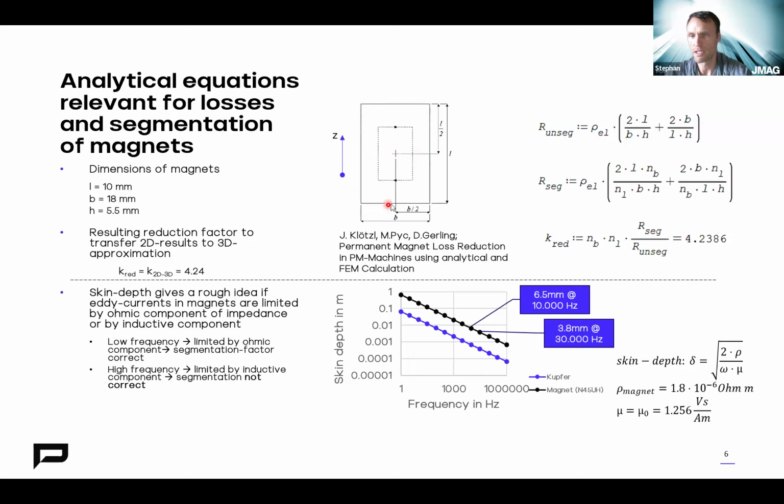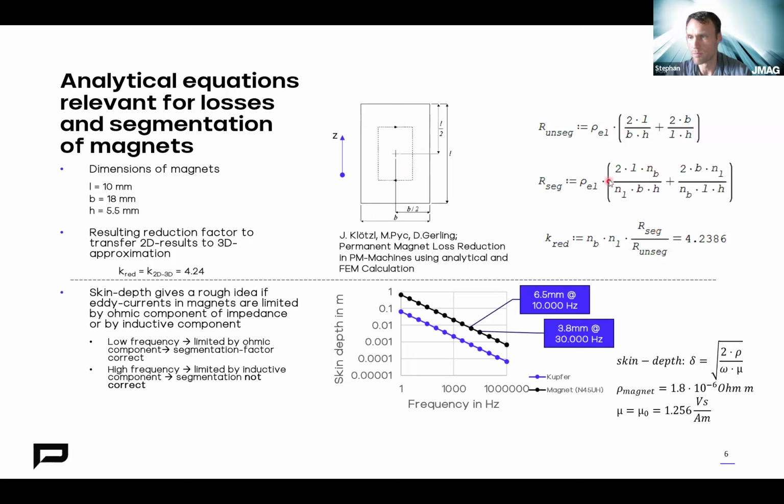And then each magnet would have a new center, and in each magnet an eddy current would flow again, where the resistance is calculated in the same way as for the unsegmented magnet model.